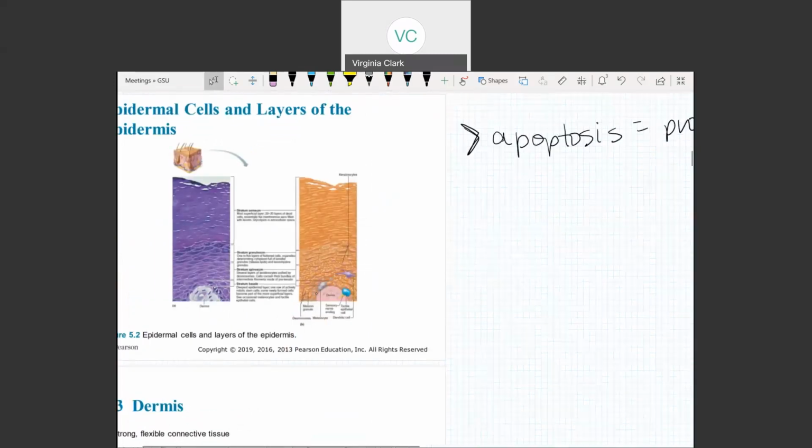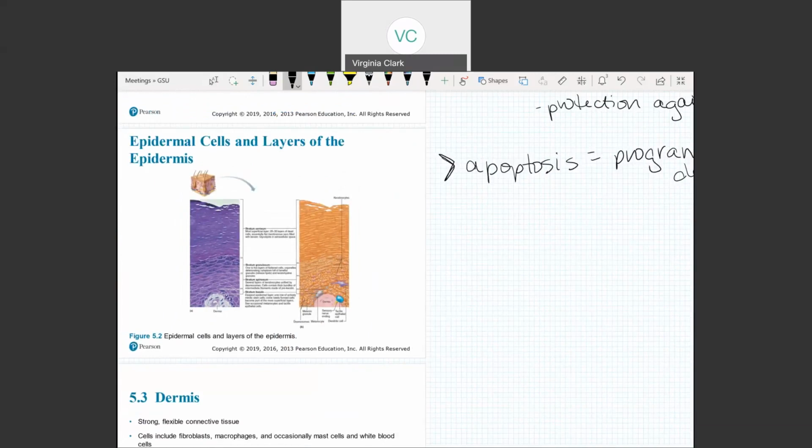So to give you an idea of your epidermis, let's go through and describe these 5 layers. If this is our outside environment, here's our sun, we're going to have 5 layers of our epidermis right here.